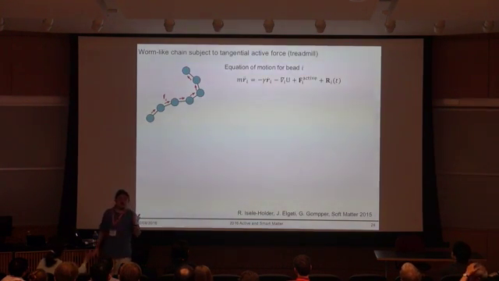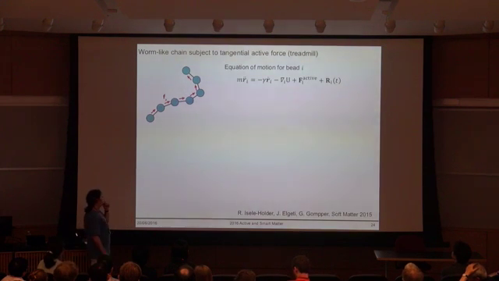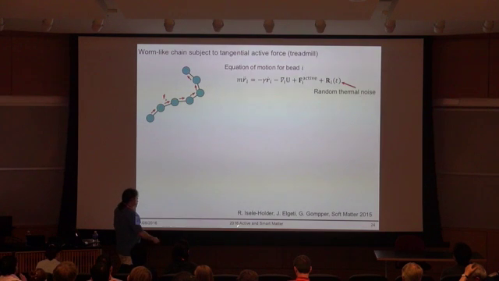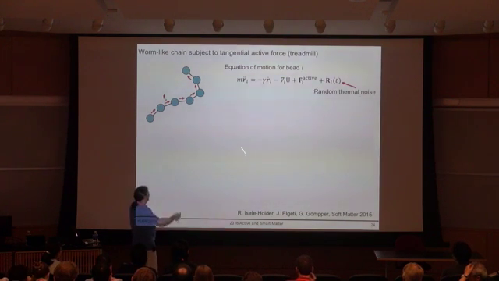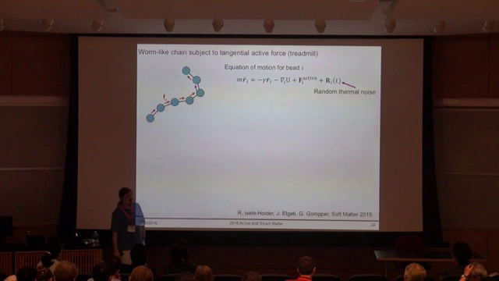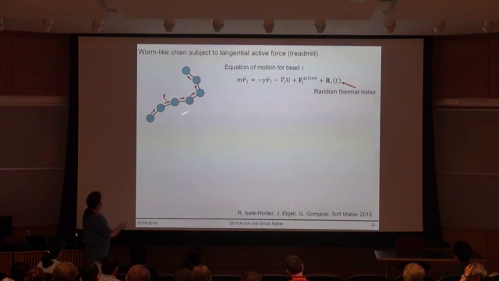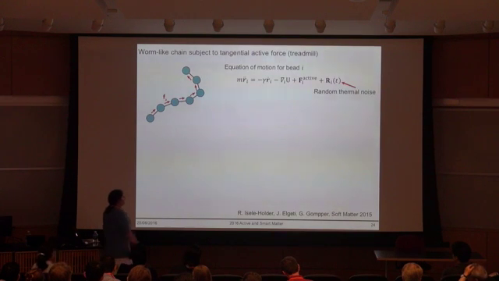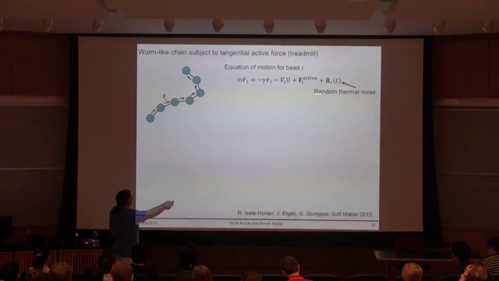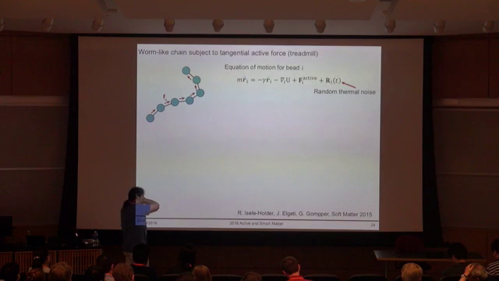If you have a polymer, what we did is we essentially took a recent model which came from the Gompper group, where they studied a single active polymer chain. This is probably the simplest possible way to model the treadmill type of motion. So you have a standard expression which Vincenzo explained.